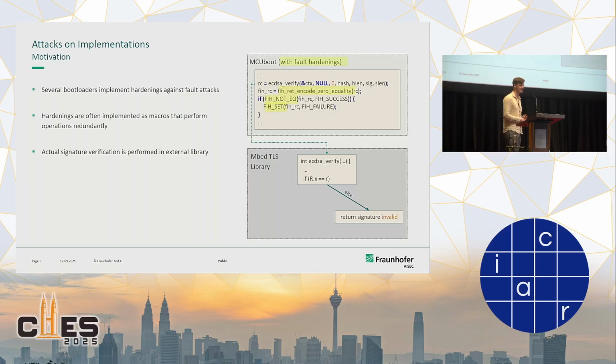But of course, as an attacker, we can simply target this right here to return that the signature is valid when it is in fact not. And the hardenings here in this part don't really mean anything if we can just attack the verify function in the library itself. So this is already an example of an attack that we could perform. The question now was, can we find any more faults that are a bit more sophisticated? It might not be that apparent.